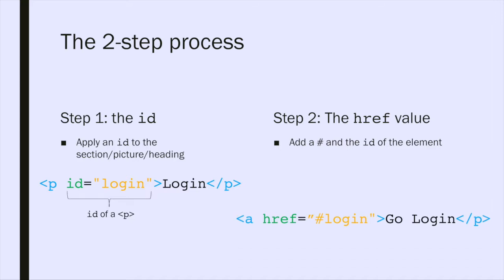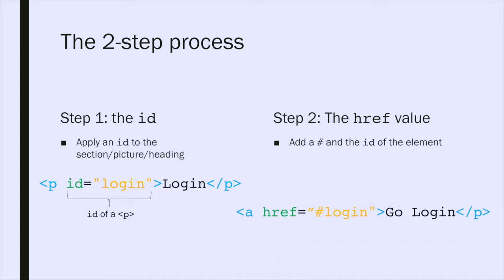Now for the link, we actually have the hashtag or pound sign and login as well. So these two, the ID and the pound sign with the ID of the previous item, are connected. So if someone clicks on go login, it will take them to the point on the page that has the p tag of the ID login.